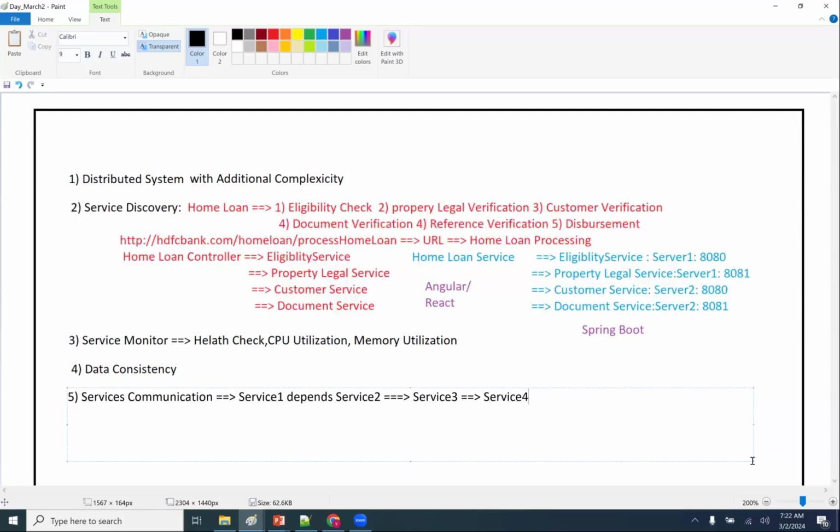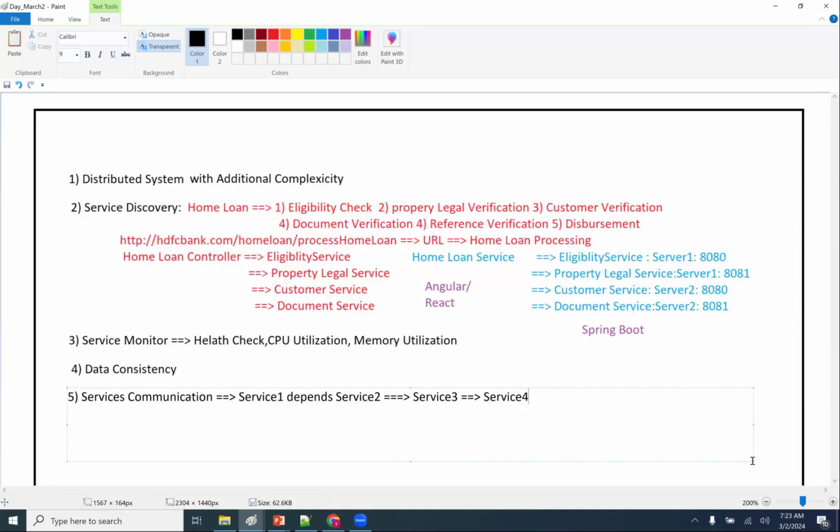Sir, I'll call service 1 first. Like in the home loan example, first I'll call eligibility, to check whether the customer is eligible or not. Some of the parameters from eligibility I need to carry forward to the legal service, and the legal service output I need to carry forward to the customer service, and those things to the document service.